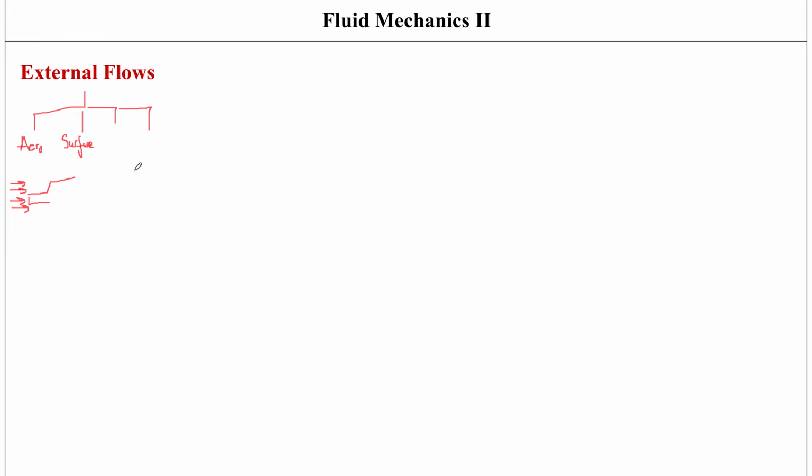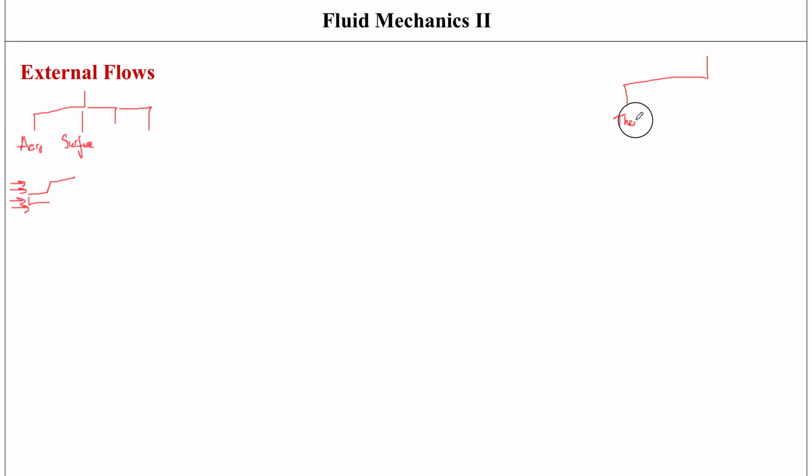Although there are so many different types of external flows, at the same time, there are different approaches in terms of how to obtain information related to the fluid forces that are being developed by external flows. First of all, we would have the theoretical approach.